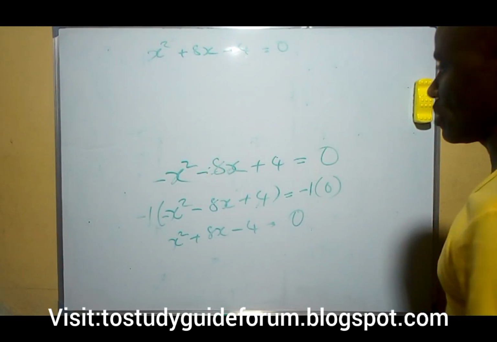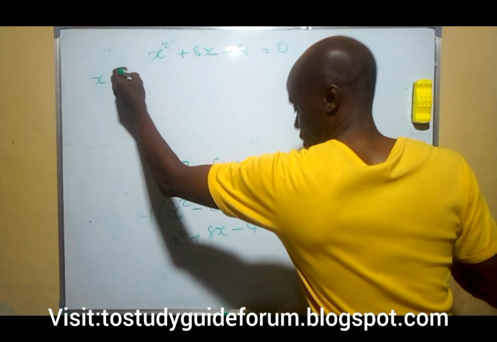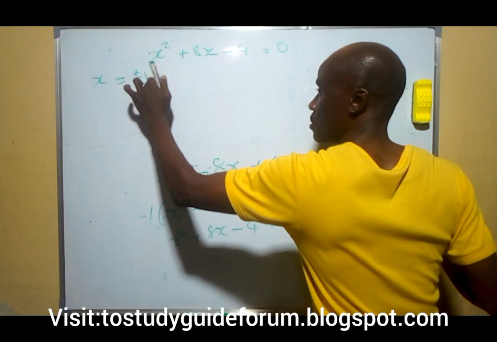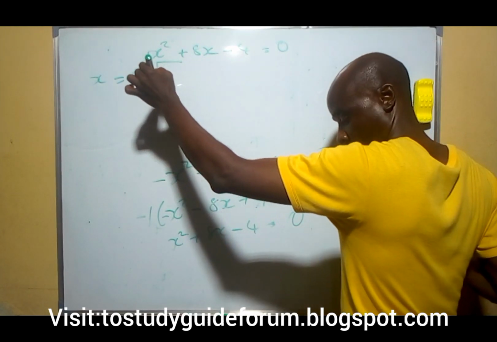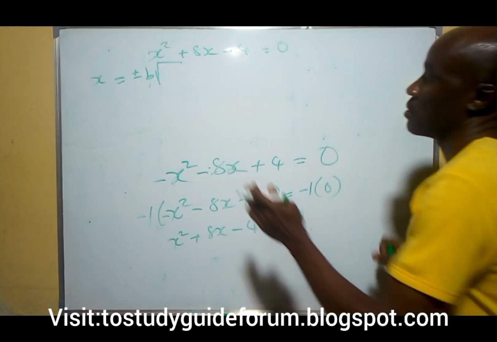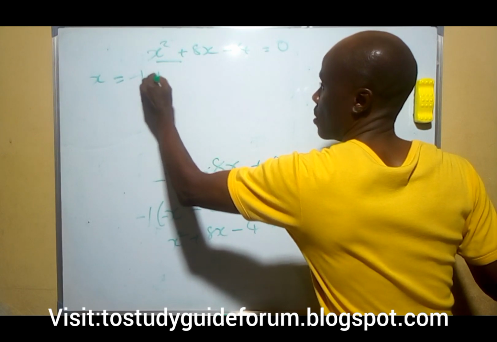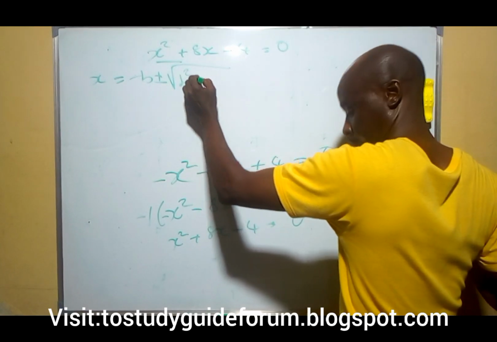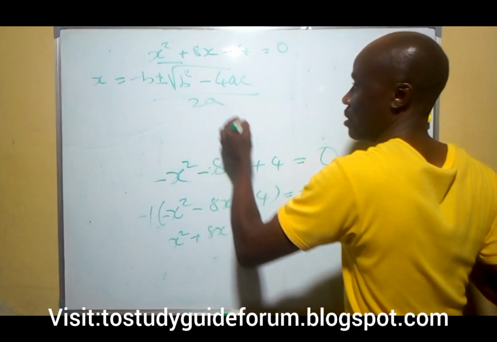So using the formula method, x equals minus b plus or minus the square root of b squared minus 4ac, all over 2a.